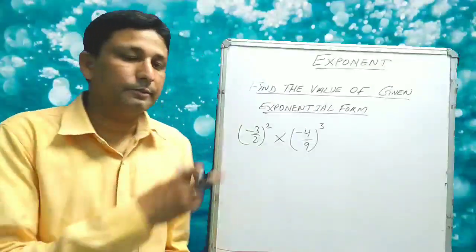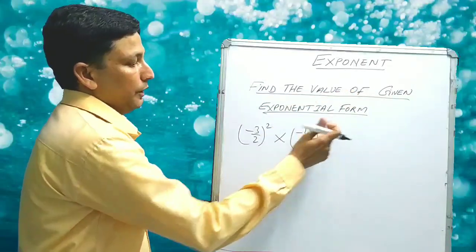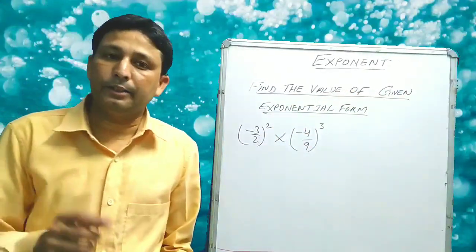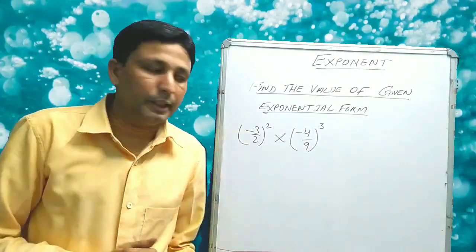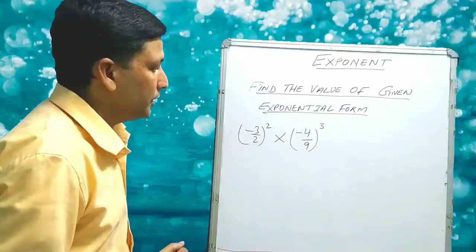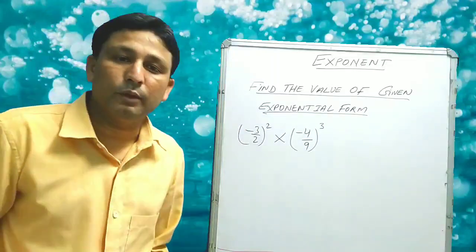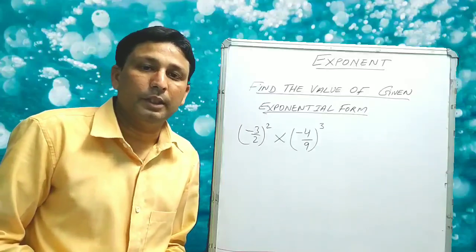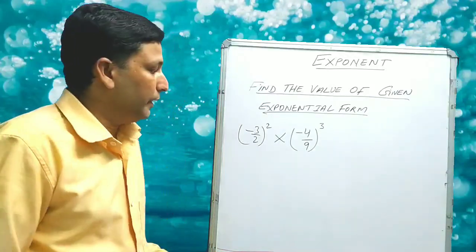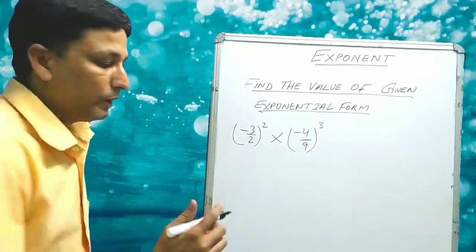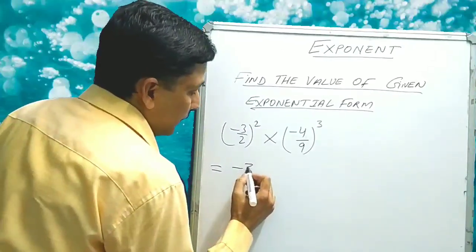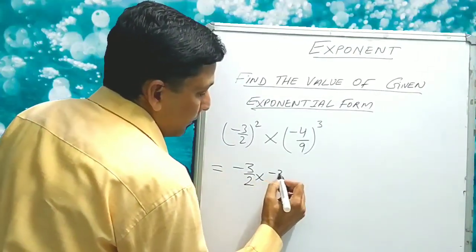Now next topic is find the value of given exponential form, and here you can see the example is already written: minus 3 upon 2 raised to the power 2 into minus 4 upon 9 raised to the power 3. In the further step we will expand minus 3 upon 2 for 2 times, that is minus 3 upon 2 into minus 3 upon 2.